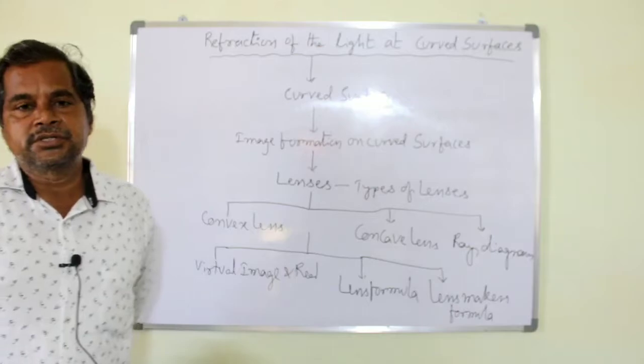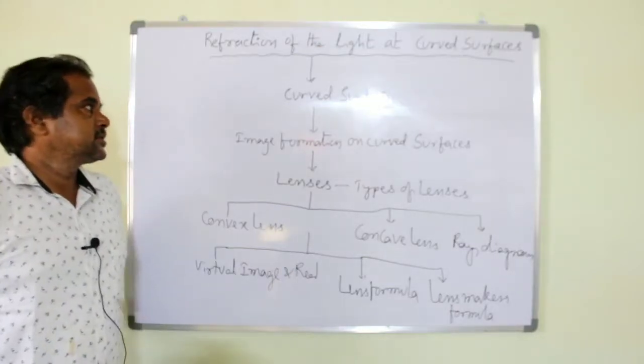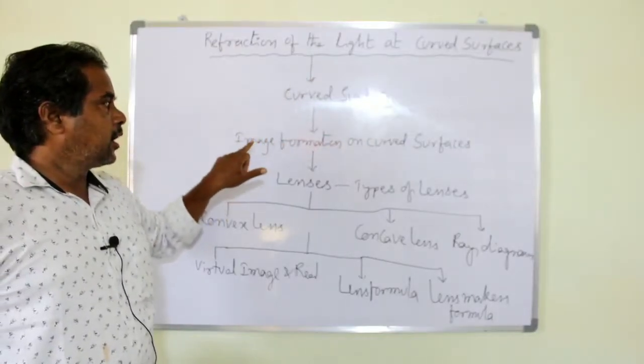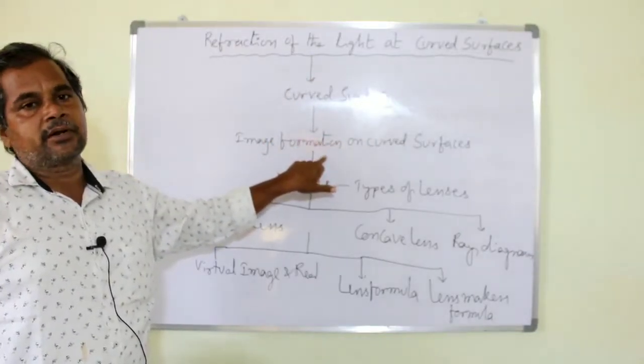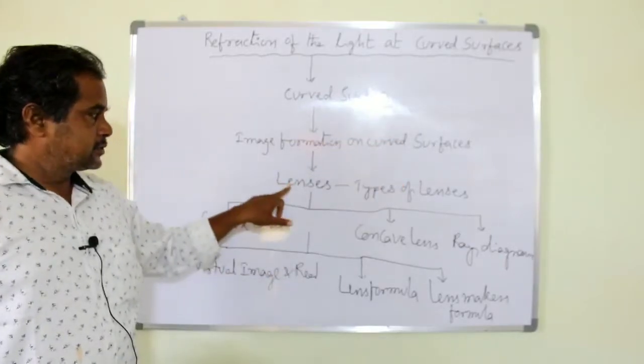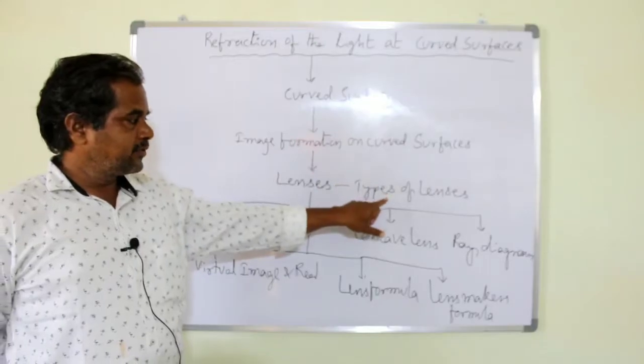In this chapter, we have many topics. First of all, what is meant by a curved surface, and how the image is formed when a light ray is incident on curved surfaces, and also lenses and types of lenses.